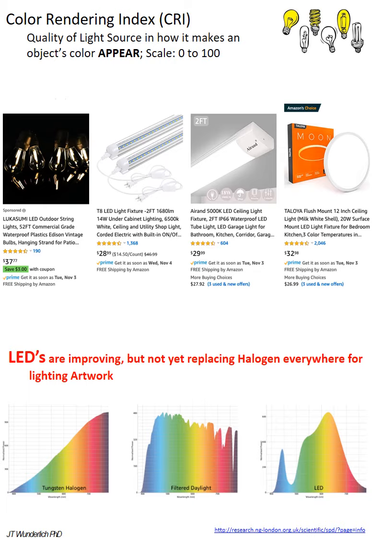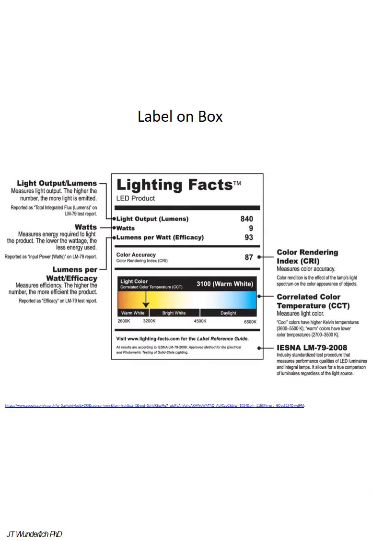And there's quite a variety of LEDs that you can get, of different quality. Then you want to be able to understand what you're looking at on the label on the box. So you're shopping in Lowe's or Home Depot or wherever, or you're, as an architect or engineer, specifying these things. You should understand all the different things, the energy efficiency, as well as the lighting qualities.